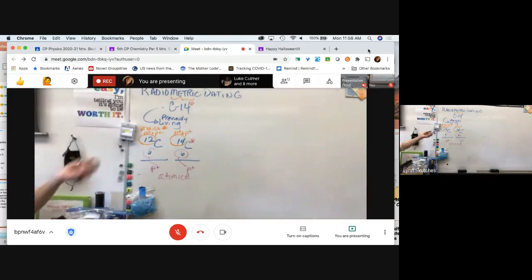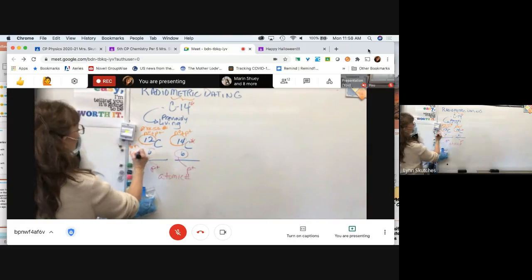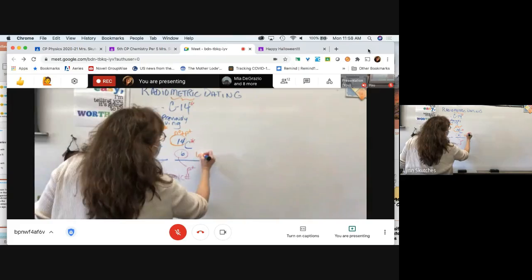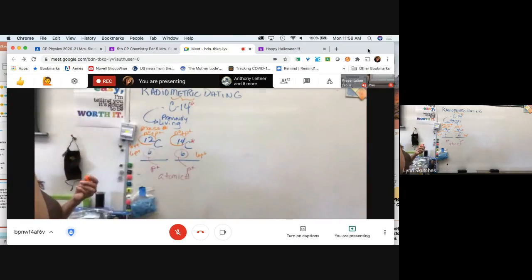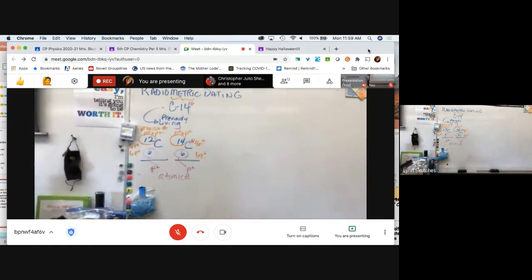So we know that carbon-12 has 6 neutrons, 6 protons. Carbon-14 has 6 protons, but it has 14 minus 6, 8 neutrons. And that makes it unstable, aka radioactive. Okay? All right. So we did that.